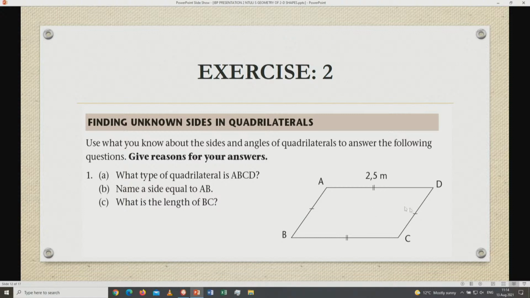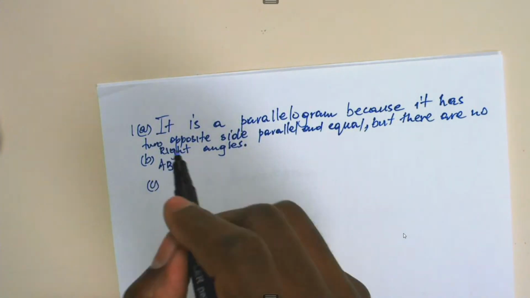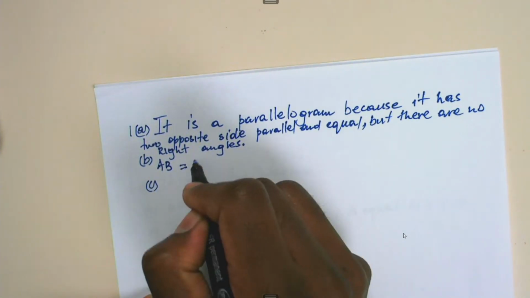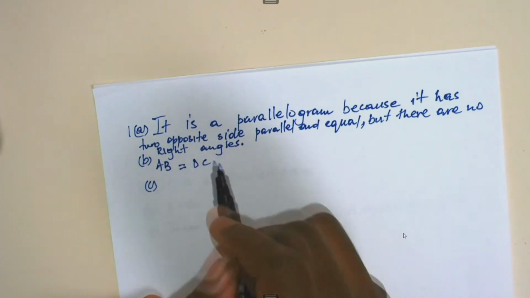There's one mark here, there's one mark there. So we cannot say AB is equal to BC. Why? Because BC has two markings here, and only one marking there. So AB is equal to DC.